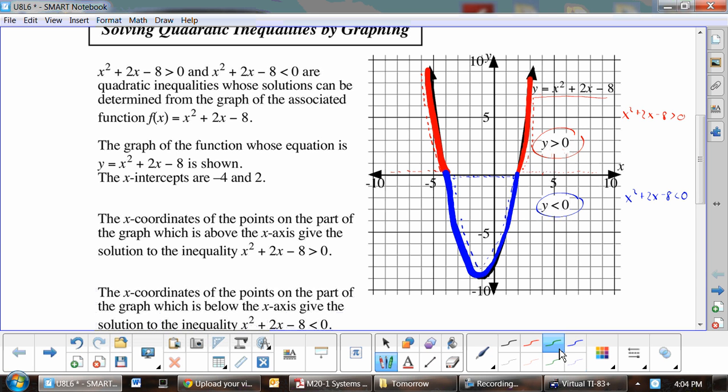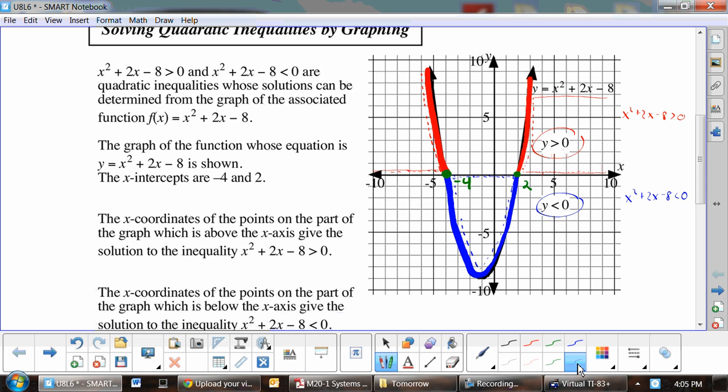So where does this change happen between greater than 0 and less than 0? We can look at it and say, right here at those x-intercepts, at 2 and negative 4, this is where the change happens. So we know that when x is greater than 2, so all along here, that results in a y greater than 0. And when x is less than negative 4, so all along there, it results in a y that's greater than 0.